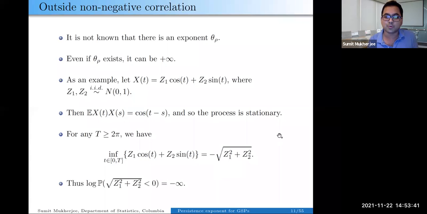So the log of the probability that your infimum is less than 0 is just this. It's not going to happen, so it's minus infinity. You don't even have to take a limit. It's minus infinity for t large enough, and therefore the exponent is infinite.